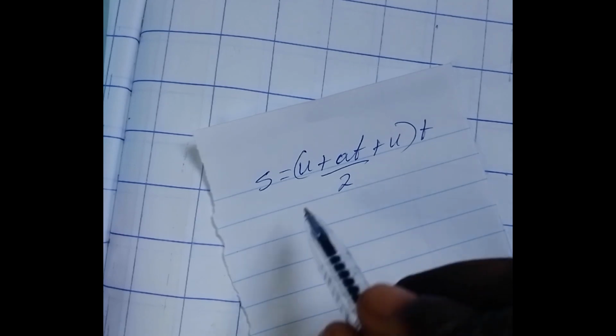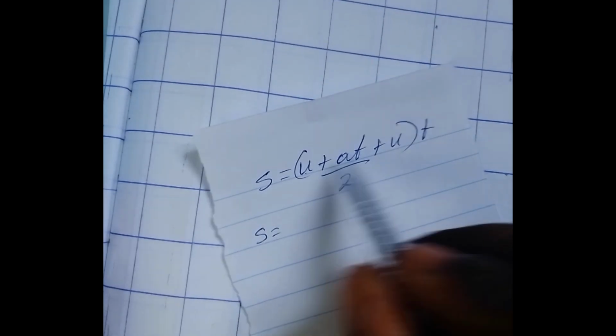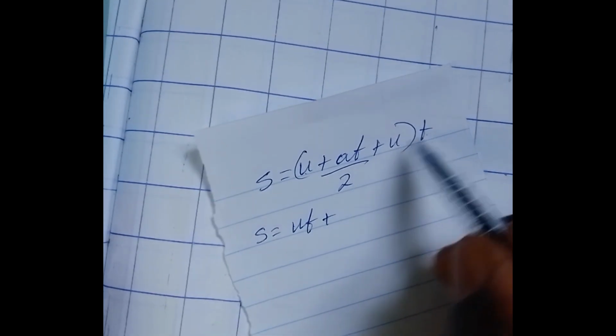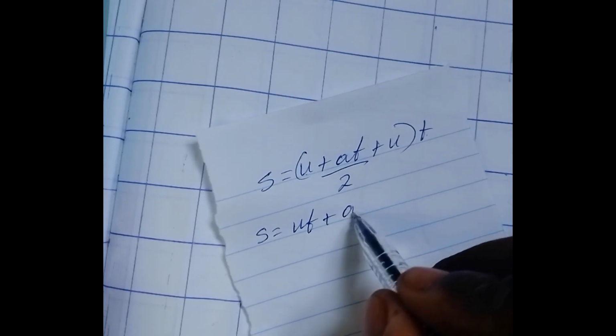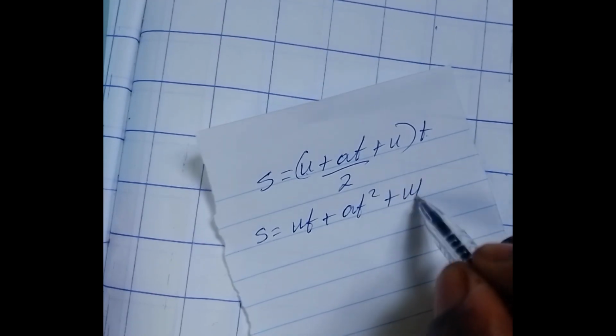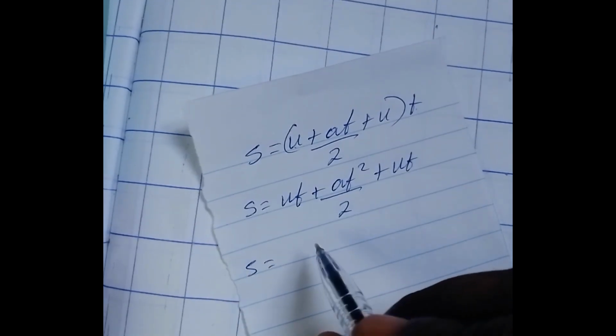Now in this case, let's open the bracket with our t. s equals u times t will give me ut, plus at times t will give me at square, plus u times t will give me ut, divided by 2. So next thing I need to do is to rearrange.